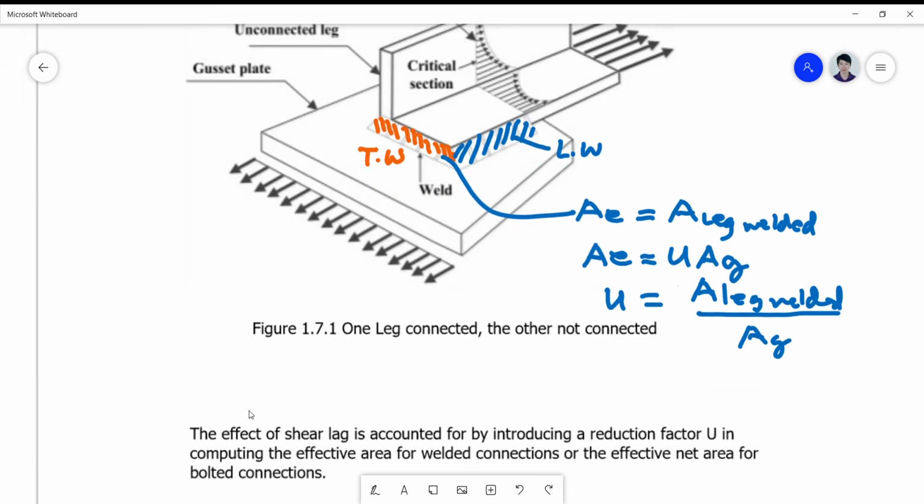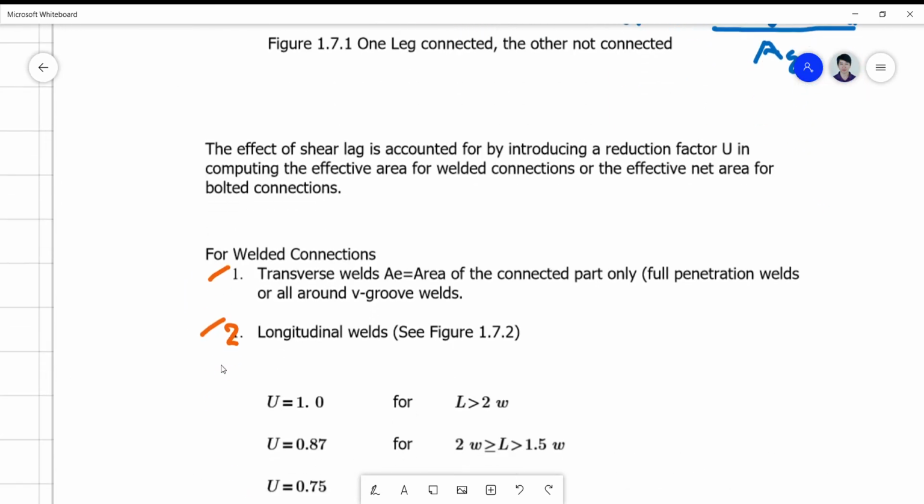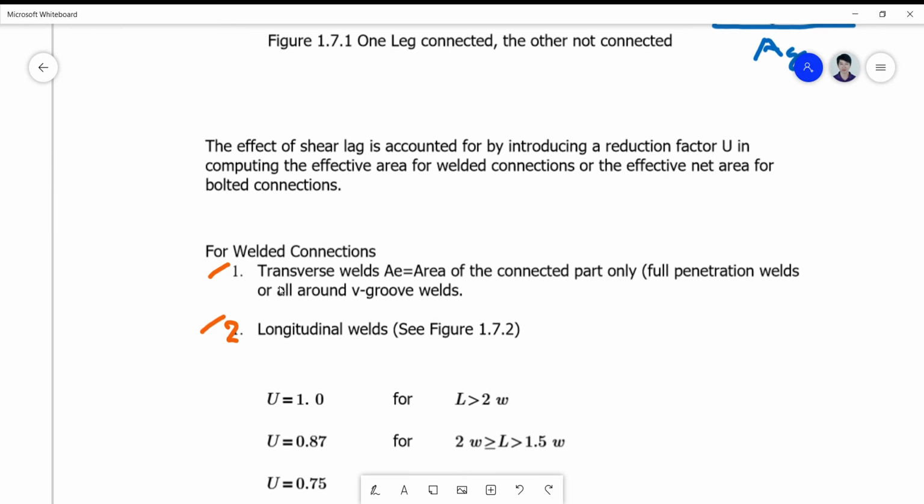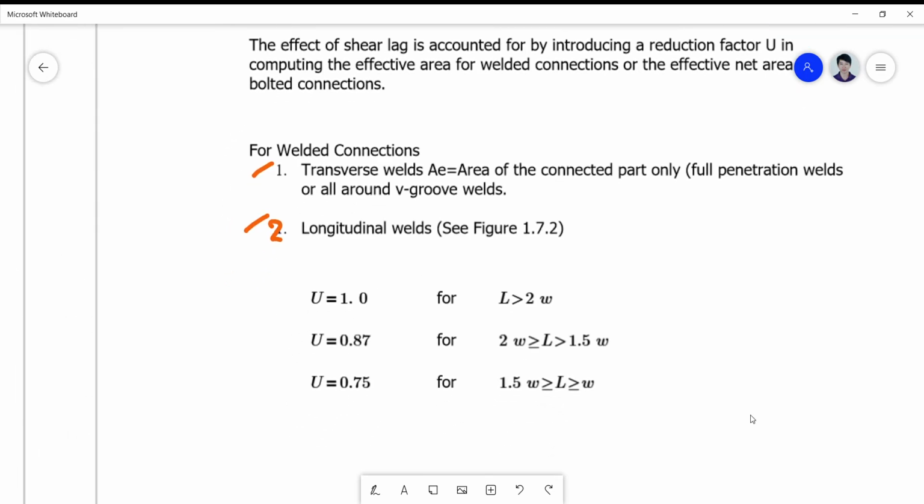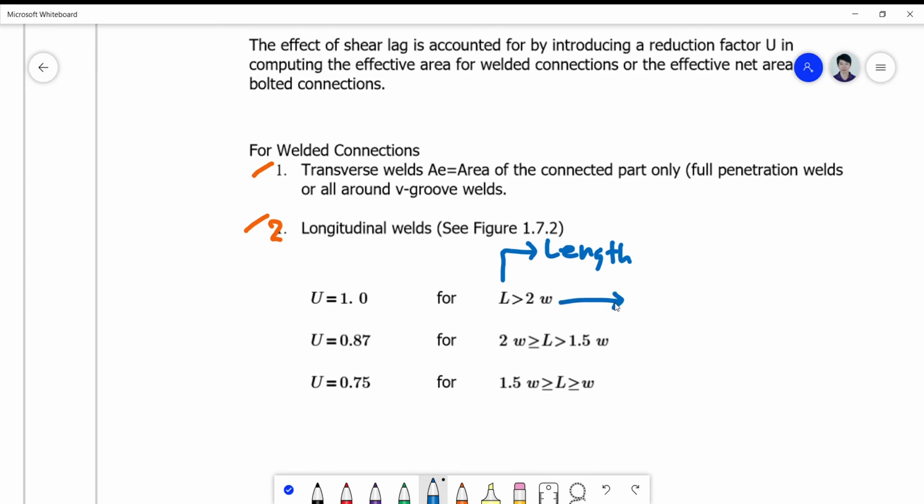Now, for longitudinal welds, the AISC is much more definite in giving us a value, which is based on a length versus width comparison. L here is the length of your weld, while W is the spacing between welds.